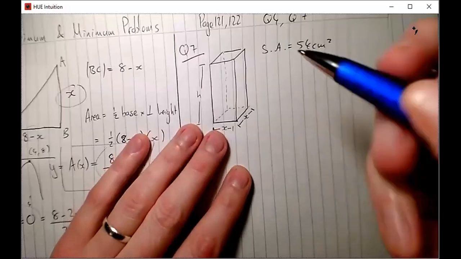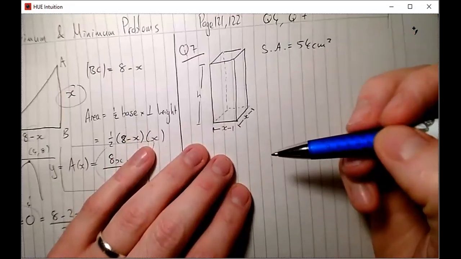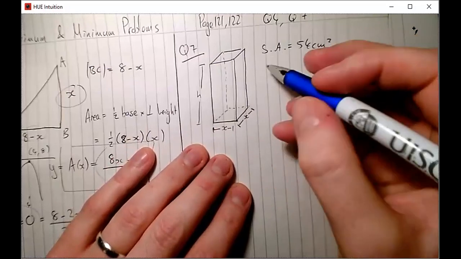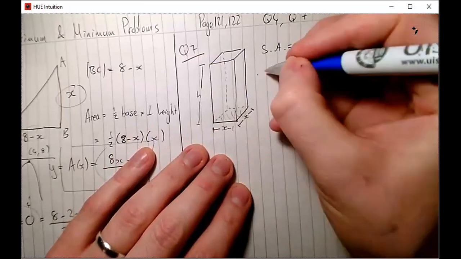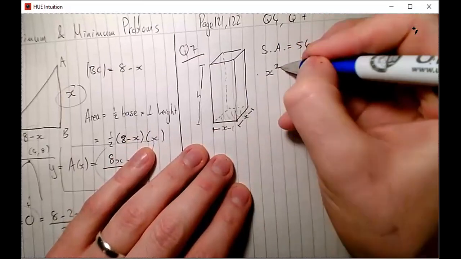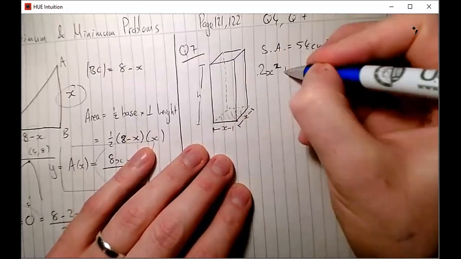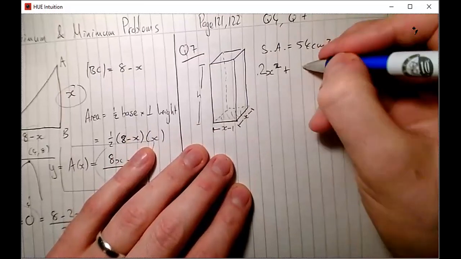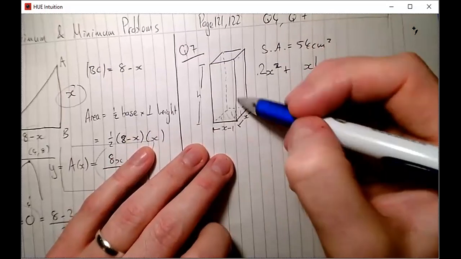So to express the height in terms of x, which is what they've asked us to do in part 1, we're going to find an expression for the surface area. Well, this bottom square has an area of x squared, x by x, as does this top square. So that's 2x squared plus this side rectangle of x by h, which is the area of the rectangle, base by width.